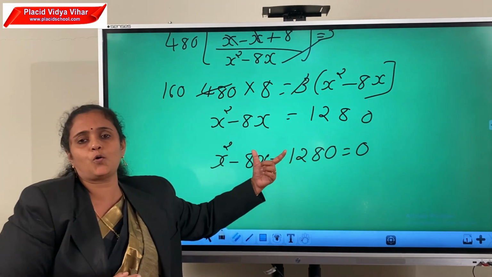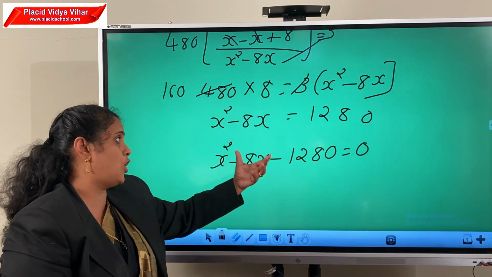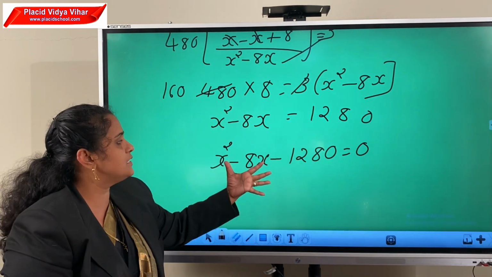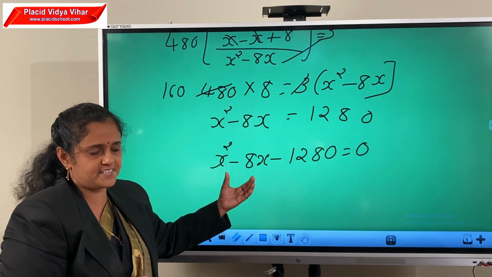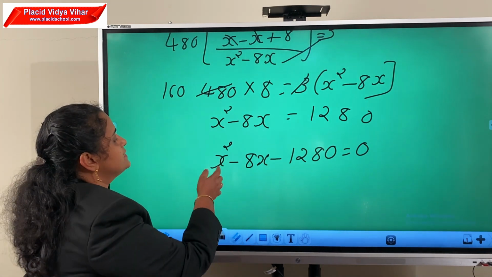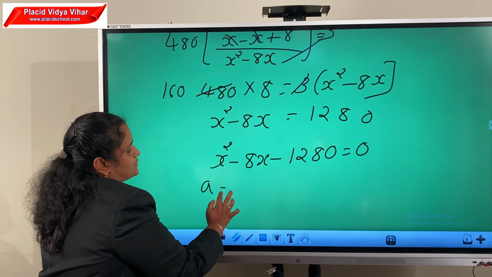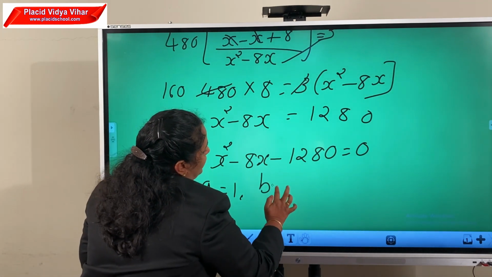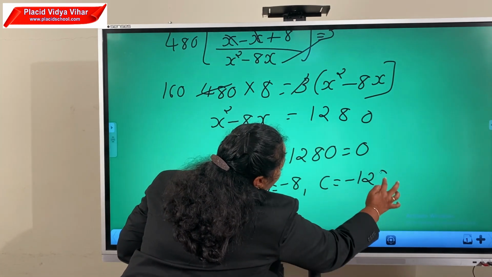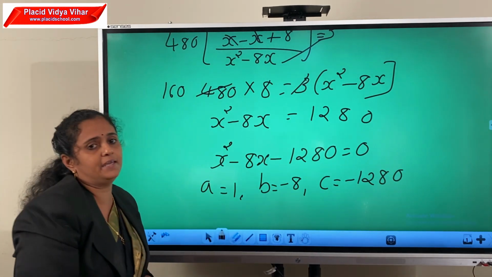This equation is a quadratic equation. This is of the form x square plus bx plus c equal to 0. We can solve this equation by either the factorization method or by applying the quadratic formula. Here a is the coefficient of x square, b is the coefficient of x and c is the constant term, minus 1280.